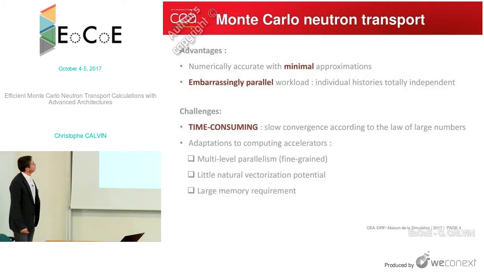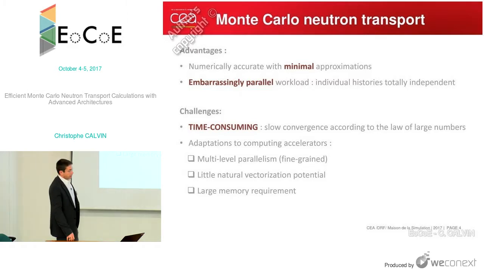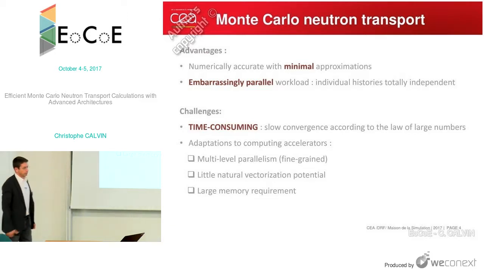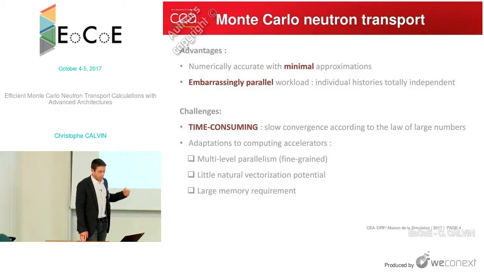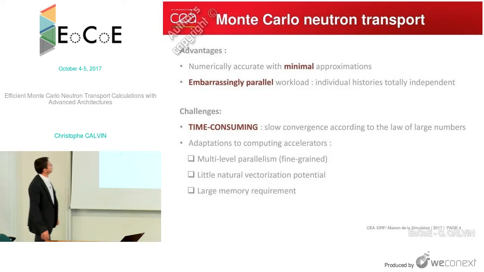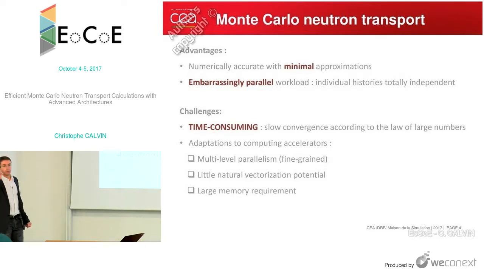If we consider what are the main advantages of using this kind of approach to simulate and to solve the neutron transport equation, the main advantage is that it's a very precise simulation, numerically accurate with minimal approximation, because we compute all the interactions of all the particles.